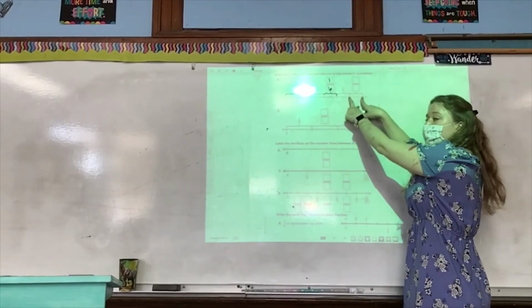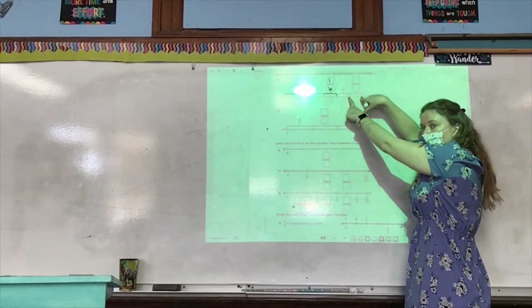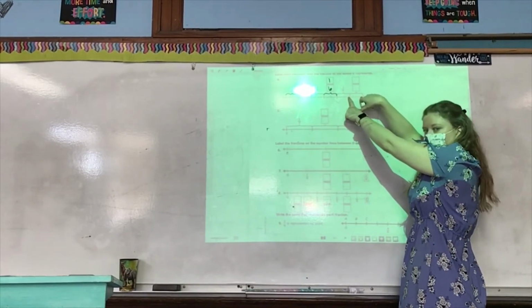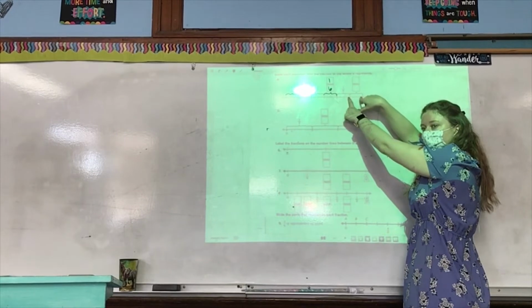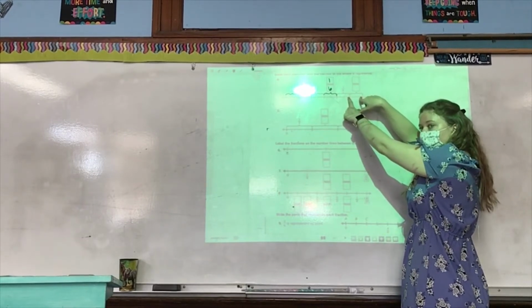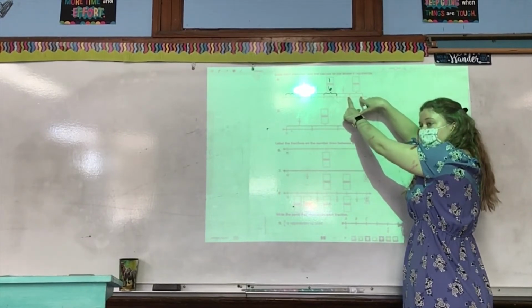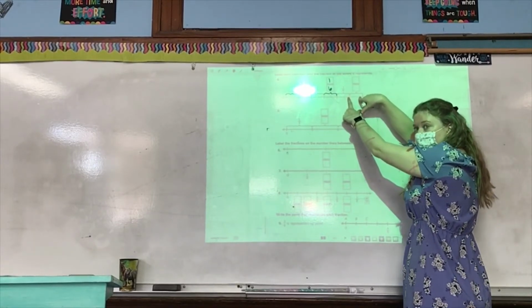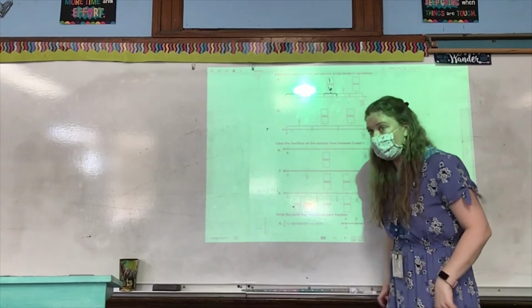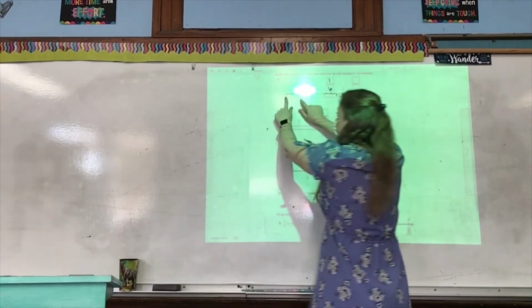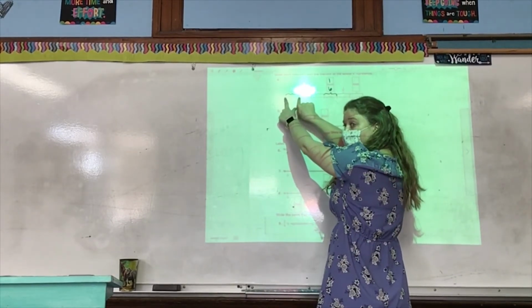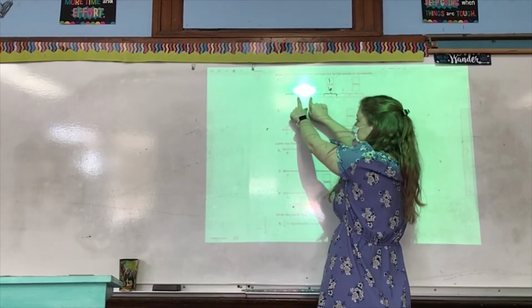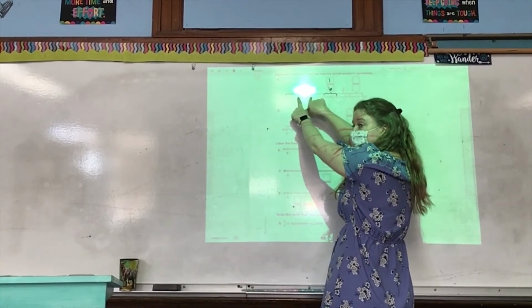Now, between the 6th and the 7th tick mark, it represents what? Raise your hand. Come on, boys. You can do this. Follow the patterns. If you're not listening, you can't. But if you're listening, follow the patterns. I'm going to say it again because I want a boy to answer me. Between the 1st and the 2nd tick mark, I have 1/6. Between the 2nd and the 3rd tick mark, I have 1/6.